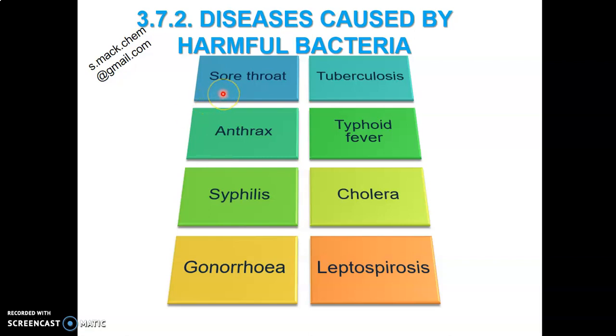There are some diseases caused by harmful bacteria. That's sore throat, anthrax, syphilis, gonorrhea, TB, also called tuberculosis, typhoid fever, cholera, and there's one called leptospirosis. So if you would like, you could do a little internet research, but I just need you to be able to identify diseases caused by harmful bacteria from this list.